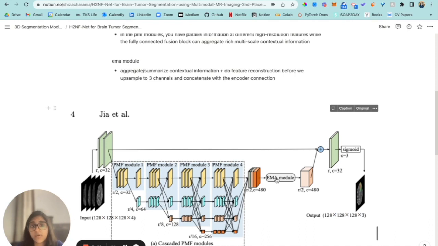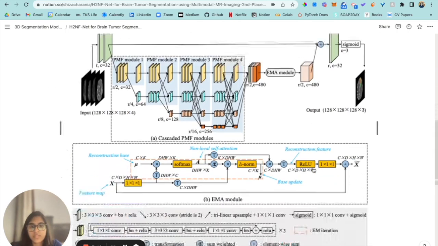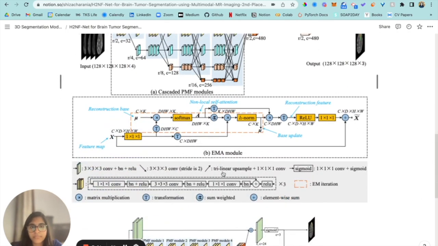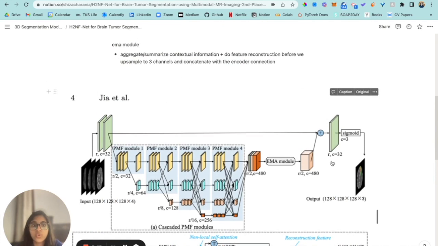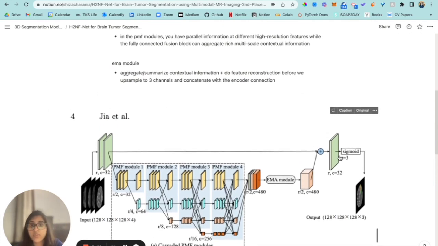It's basically summarizing all that information, and then it's doing feature reconstruction so that when it goes over here, which is the end result, you have, I believe, some sort of trilinear upsample, which is 1 by 1 by 1 convolutional. You go to it being 32 channels so that you can easily concatenate it with the connection that you have from here.